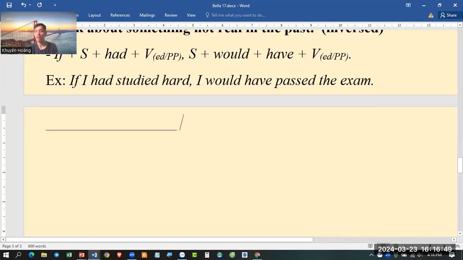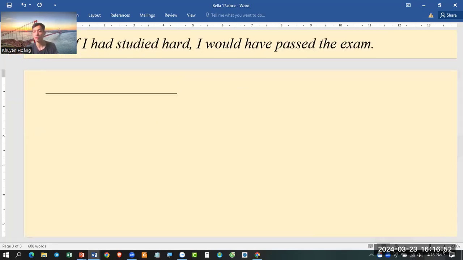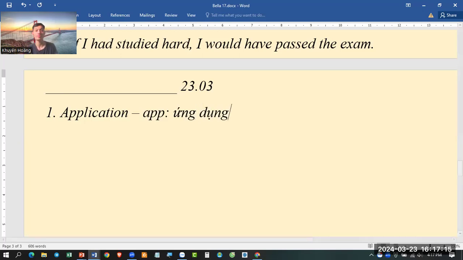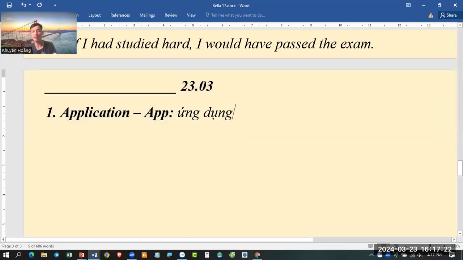Oh, and today it is what date? The 23rd of March. Yeah, at the beginning of the lesson, we talked about the word application, and people commonly call it app. People always do that.